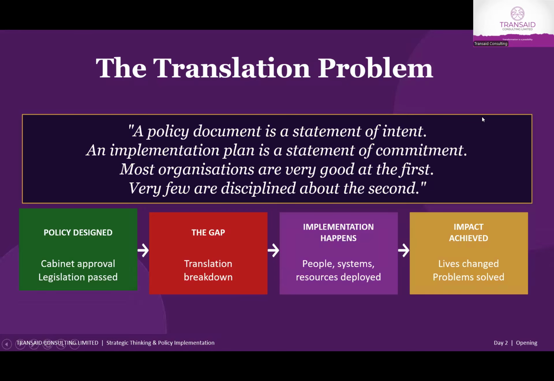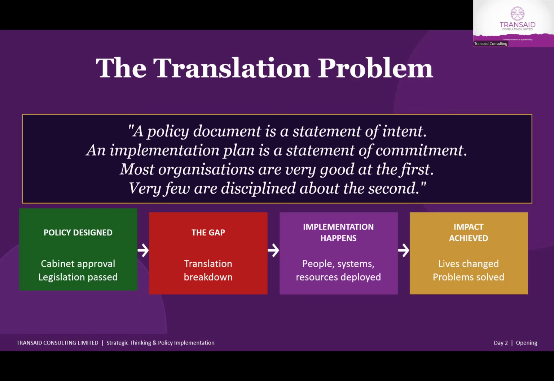So a policy document is just a statement of intent, while an implementation plan is a statement of commitment. A policy is a set of rules that outline what an organization wants to achieve.